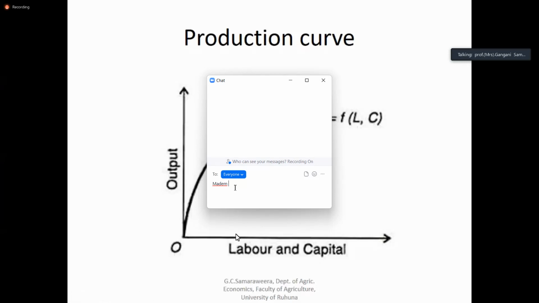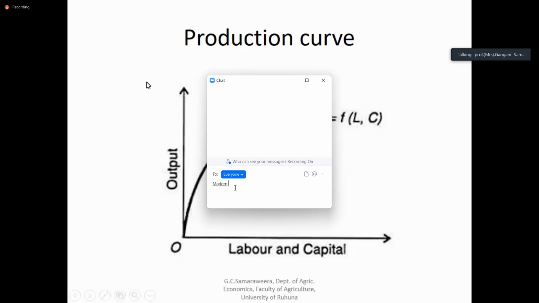That means output comes on the y-axis, inputs come on the x-axis. Clear how to recognize the two axes? Output, the dependent variable, we put on the y-axis. Any students understood the case?